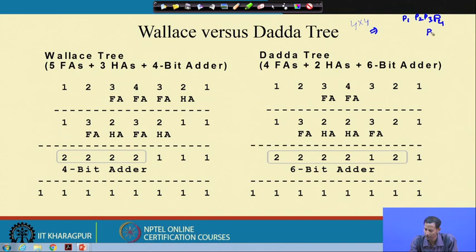I will get P5, P6, P7, P8, something like this, then P9, P10, P11, P12. Then P13, P14, P15 and P16.